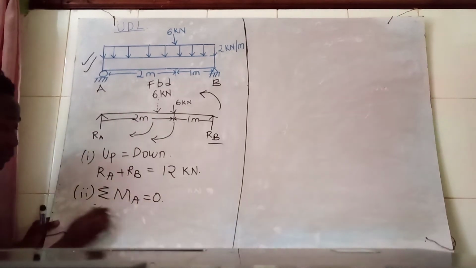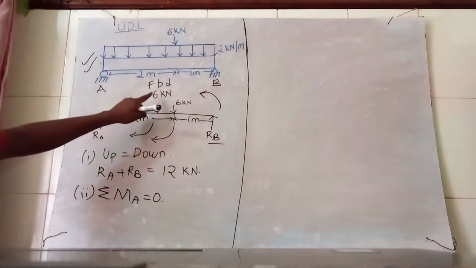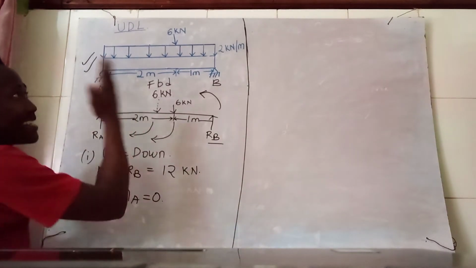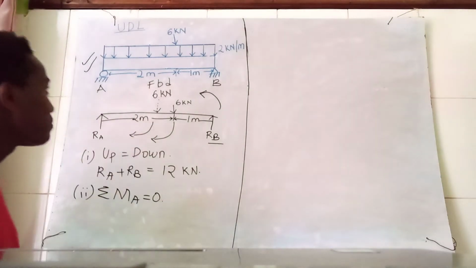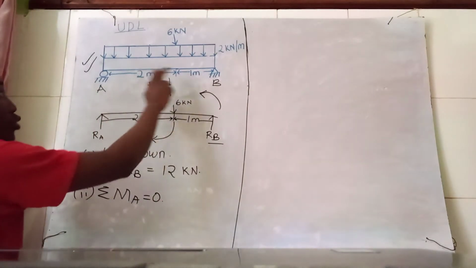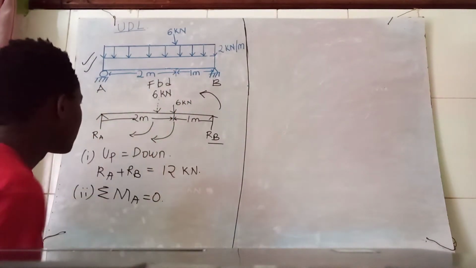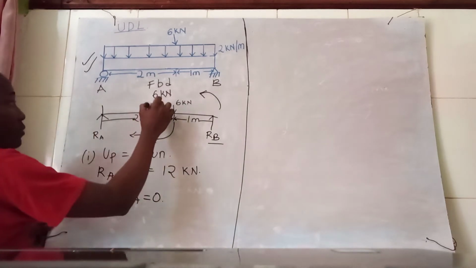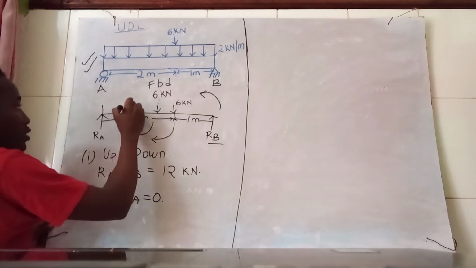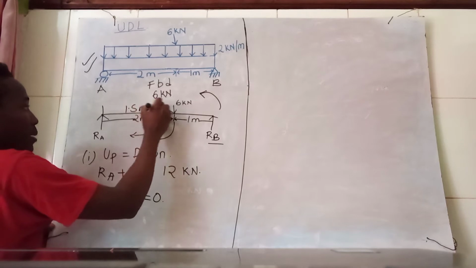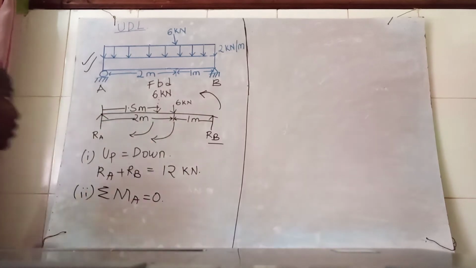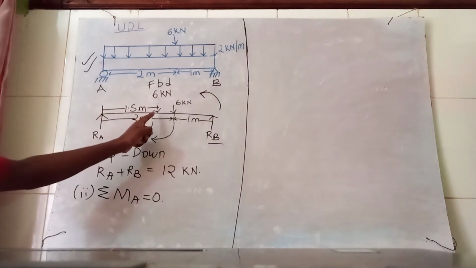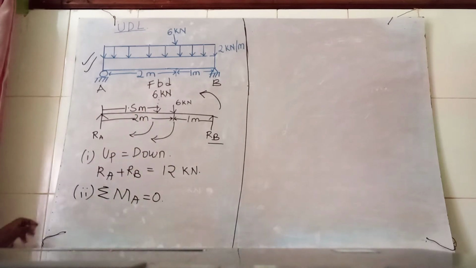now another point to note, the UDL is going to act at the center of the beam. Therefore, 2 plus 1 is going to give me 3, so half of 3 is 1.5 meters. So the UDL is going to act at the center of the beam.